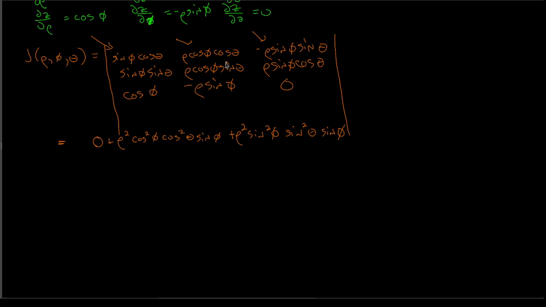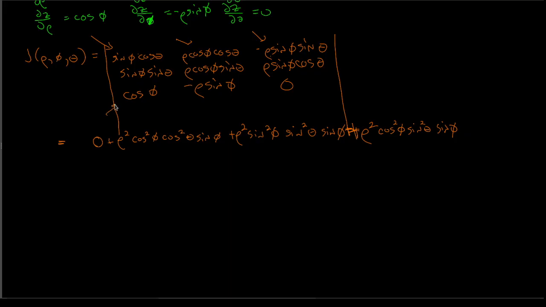Now I'm going to go up. All these are negative, so minus rho times rho, so that's plus rho squared. And cosine phi, sine phi: cosine phi squared, sine squared theta, sine phi.